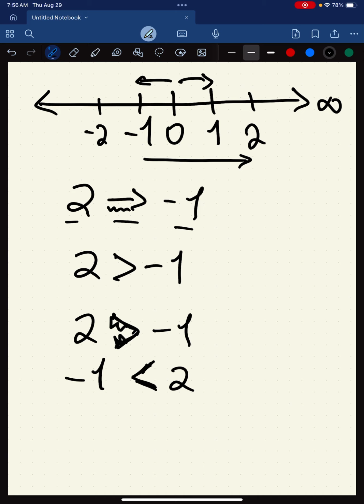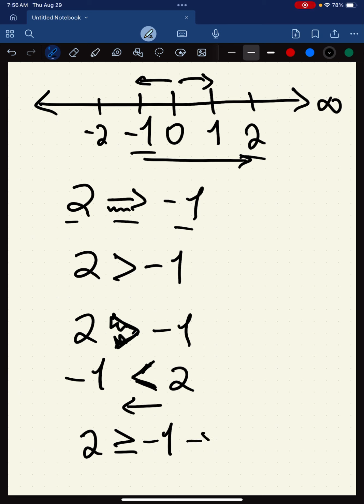But the way I like to remember it is kind of the arrow, as -1 is to the left of 2. And you can see up here -1 to the left of 2. So that goes over greater than, less than. There is another slight alteration to this notation, and that is greater than or equal to. And that means just what it sounds like it means.